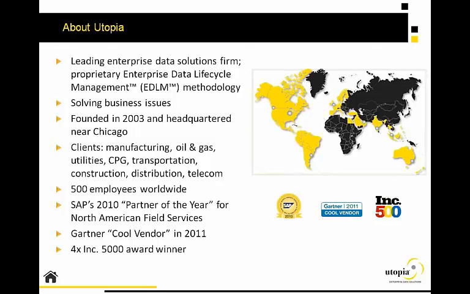Very briefly, Utopia is a services company focusing very particularly on data. As I speak to the Utopia capabilities, I talk to enterprise asset management in particular because I drive the EAM practice of Utopia. But Utopia at large is a big data transformation, migration, enrichment, cleansing company.